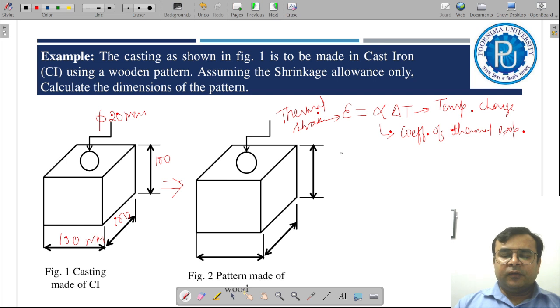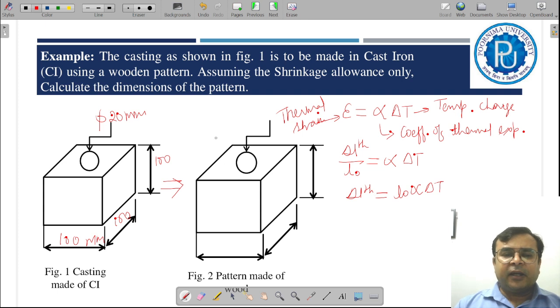So thermal strain can also be written as delta L by L naught, which is equal to alpha delta T. So from this delta L thermal can be written as L naught alpha delta T.